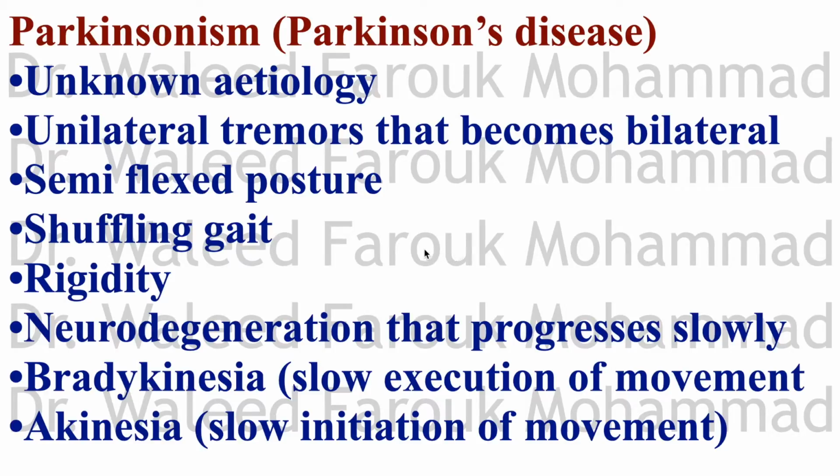Shuffling gait means the patient is dragging his feet on the ground in a shuffling manner. There is a rigidity all over the body. That's why he assumes the semi-flexed posture, because of the tone or the rigidity of the flexor muscles of the spine.